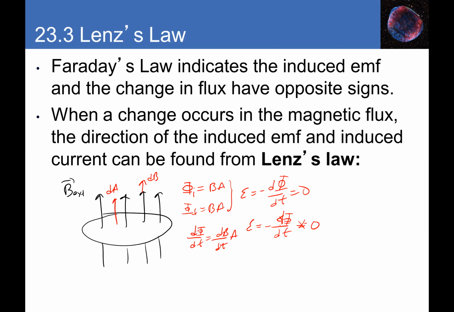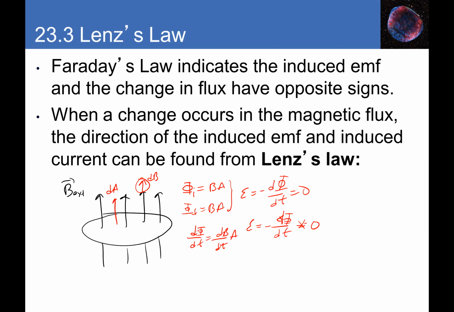So how can this loop change the flux? Remember, we are increasing the magnetic field, so we're increasing the flux, and the loop can try to decrease it. The magnetic field is increasing by that much every second.